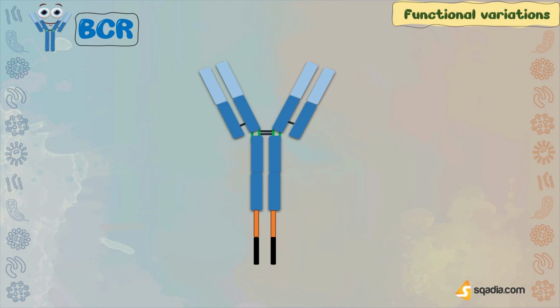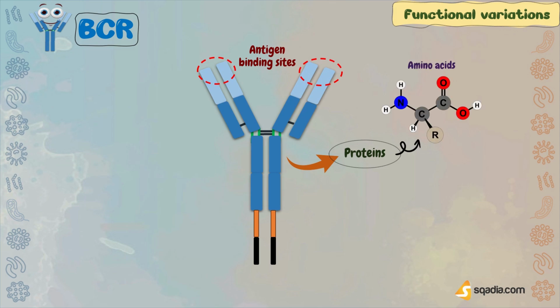Well, BCRs or B-cell receptors have two antigen binding sites. And we know that these sites are made of both light and heavy chains. And these light and heavy chains are actually protein or polypeptide chains. And proteins are made of what? Amino acids, of course.